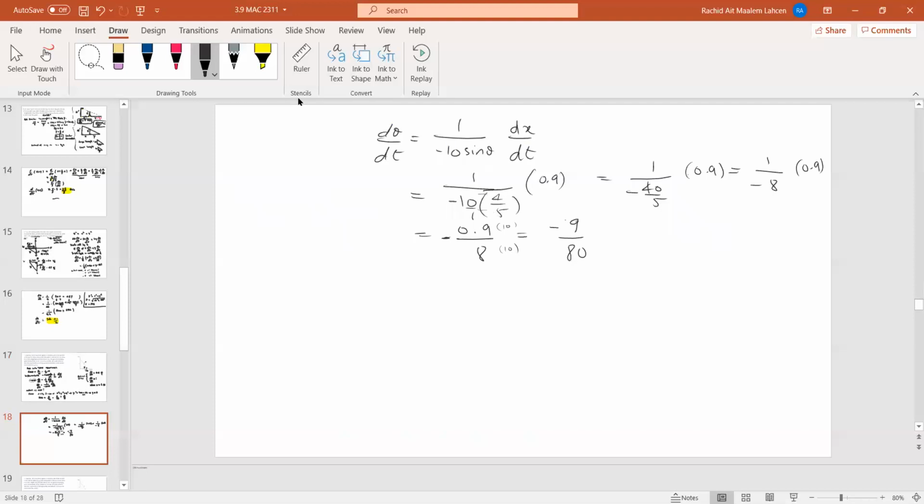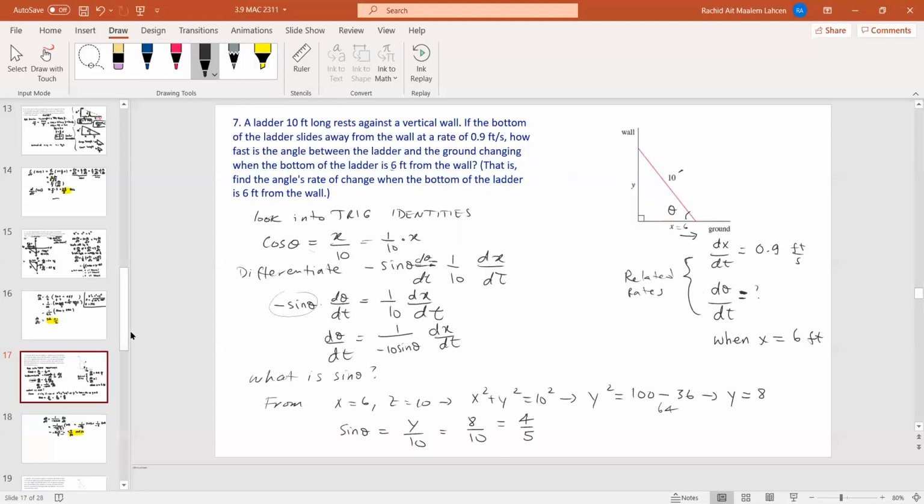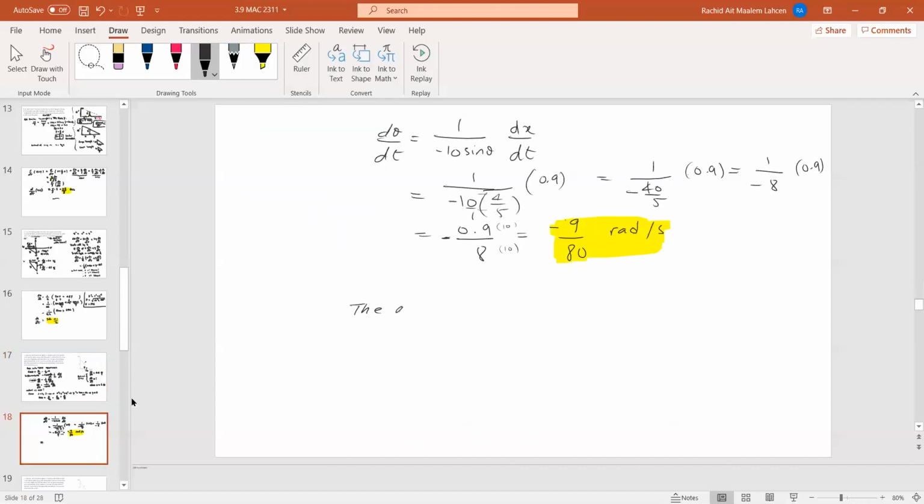And the change of angle here, it cannot be, of course, in degrees. It has to be in radians because of the units. So what is the answer again? Keep in mind the way you state the answer is the rate is negative 9 by 80, but we would say the angle's rate of change when x equals 6, right?